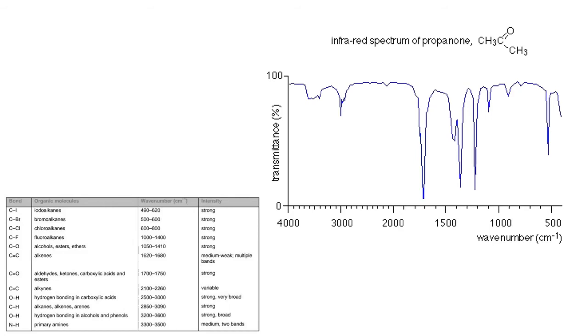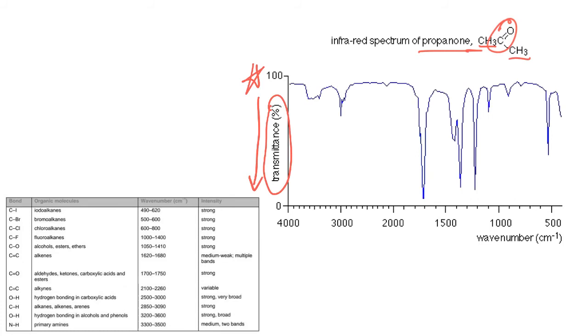So this is a very typical infrared spectrum. This one is for propanone, which has a methyl group on either side of a C double bond O. On this axis here, you have the percentage of transmittance, which is really just a measure of how much is being absorbed or how much is being transmitted through your sample.